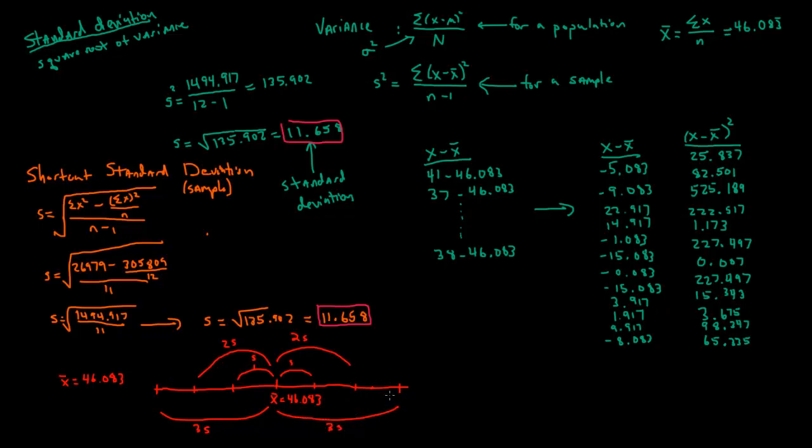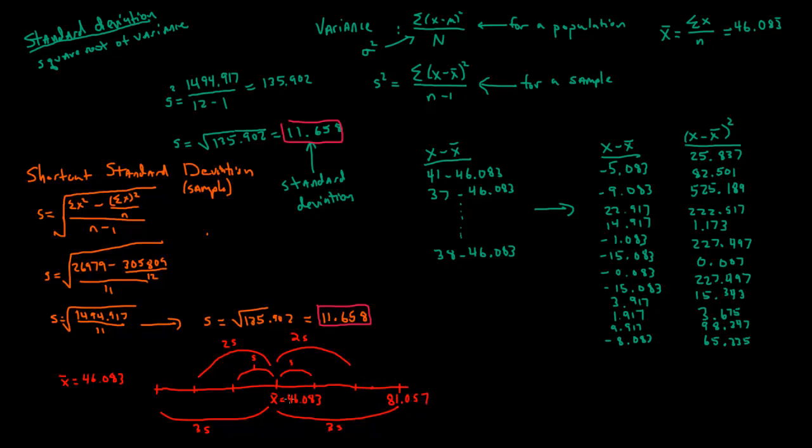So you could say this value right here is X bar plus 3S. 3S is just 3 times our standard deviation, which is 34.974. So that would be 46.083 plus 34.974, which is 81.057.